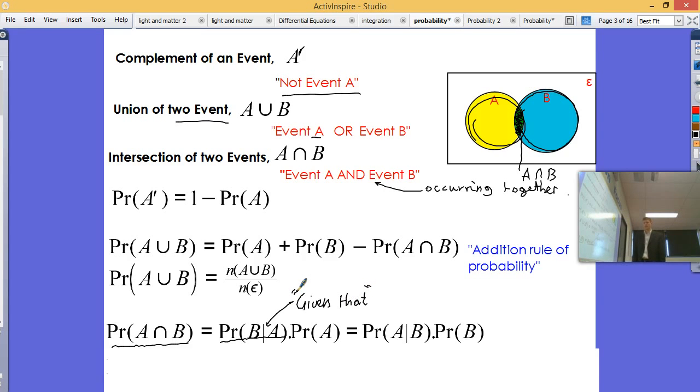So the probability of B given that A has occurred, multiplied by the probability of A. In this formula, it's always good to remember what comes in the second factor when we multiply in the multiplication rule. It's always the probability of the event that's given. So if that's given A, I always multiply by the probability of what's given.